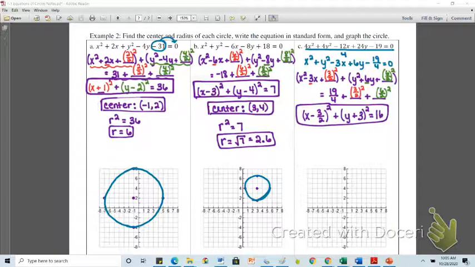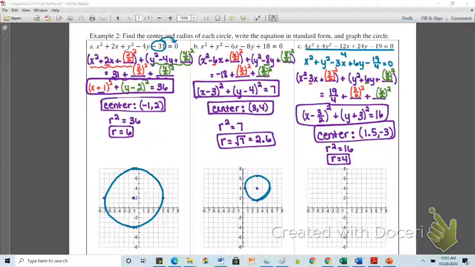Next, we need to find my center. And since I am plotting it, I'm going to go ahead and write it as a decimal. So my center is 1.5 and -3. And next, I know r squared equals 16, therefore my radius is 4.